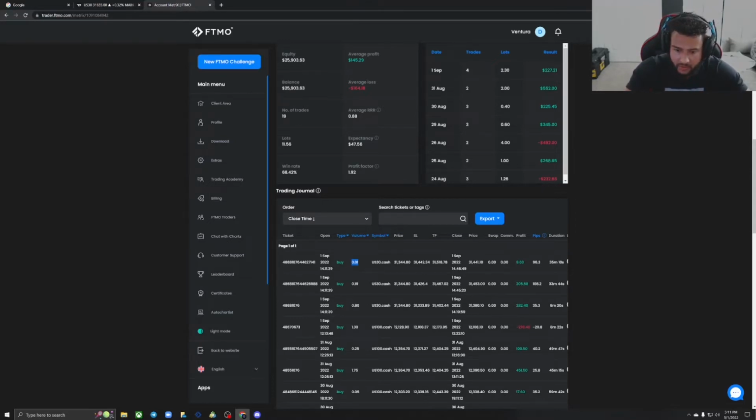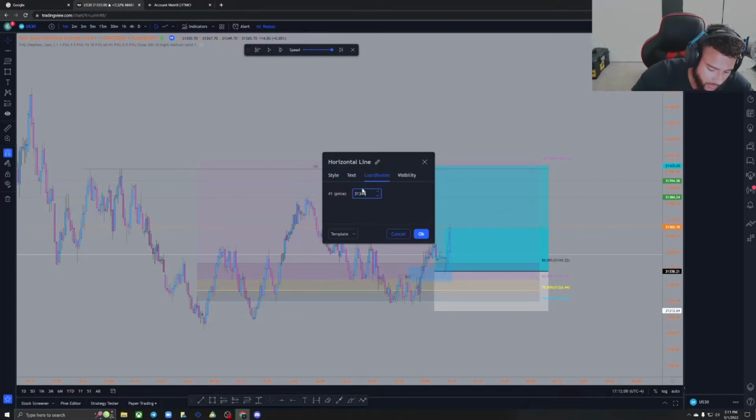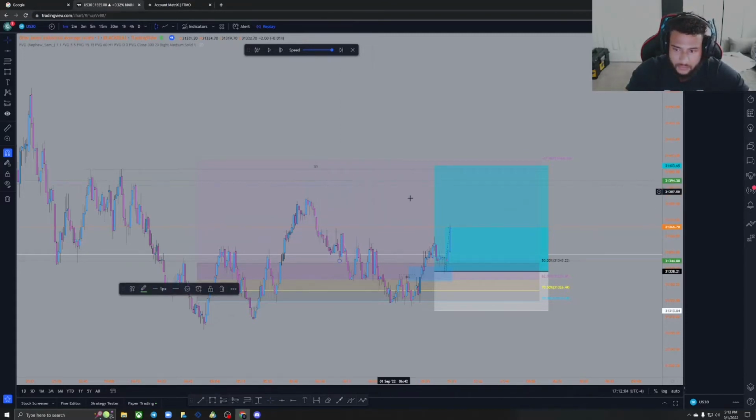So this first partial was at 3134480. Let's go ahead and change this here. No, that's incorrect. I don't know why this is all the way down here.